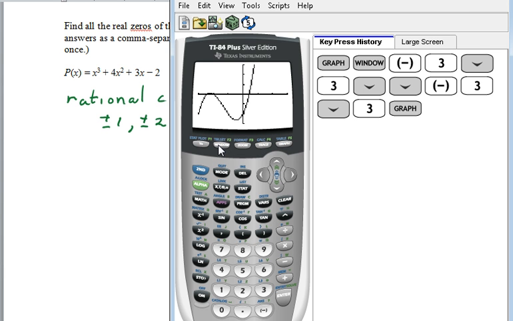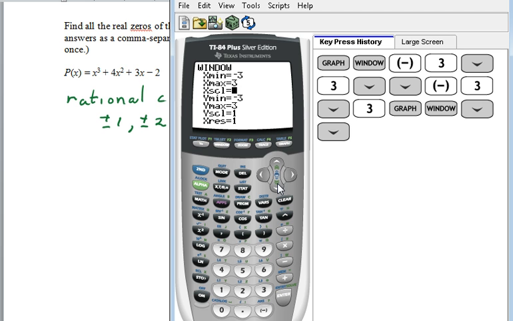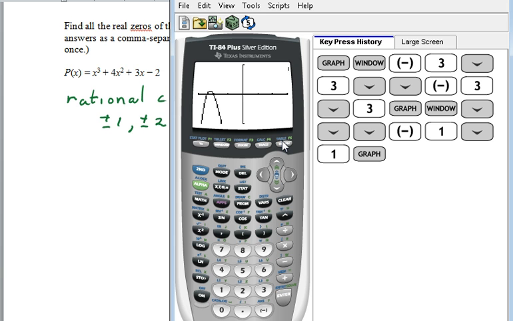I'm going to make the y-min and y-max smaller. -1 and 1 may give us a better look.